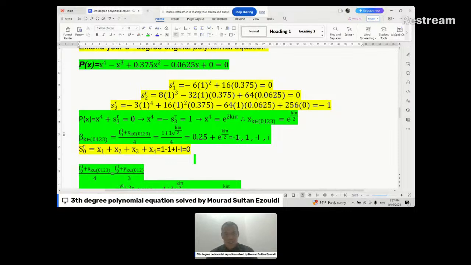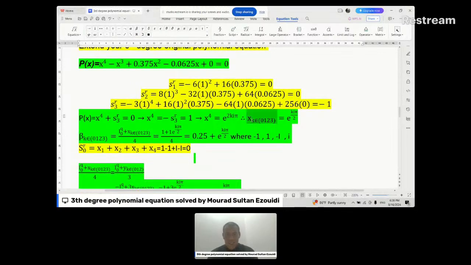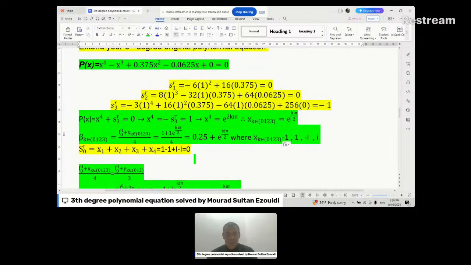I'm going to write something here, where x are equal respectively to: when k equals 0, it will be 1. Then when k equals 1, it will be exponential i pi over 2, which is positive i.